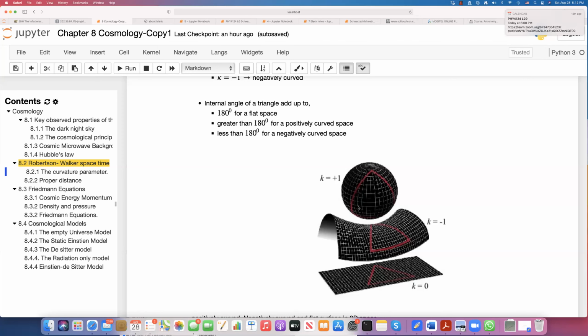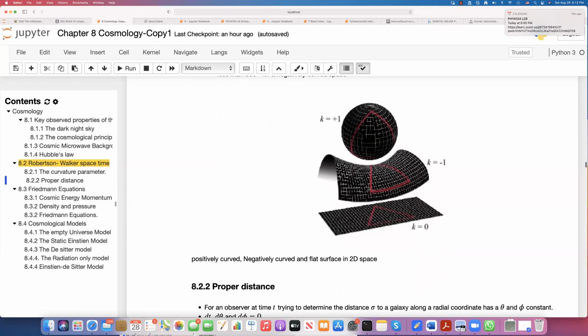So that is the properties of these different curved spaces and how you can get an idea about these curvatures, right? So we only have these three curvatures because those are the three values that K can take due to the fact that we are assuming an isotropic and homogeneous universe, right? Which means if it is curved, the curvature will be the same everywhere.